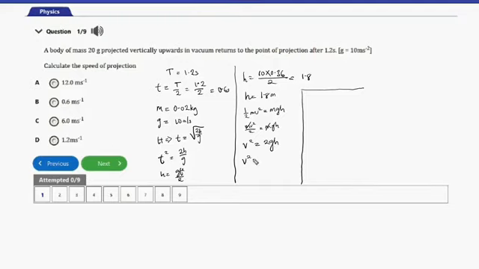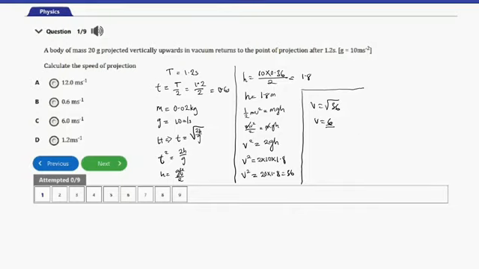So v squared is going to be 2 times the g, which is 10, times the h, which is 1.8. So in that case, v squared is 20 times 1.8, so that's 36. So v alone now becomes root of 36, and that's 6, guys. That's option C here, 6.0 meters per second. And that's it for this question.